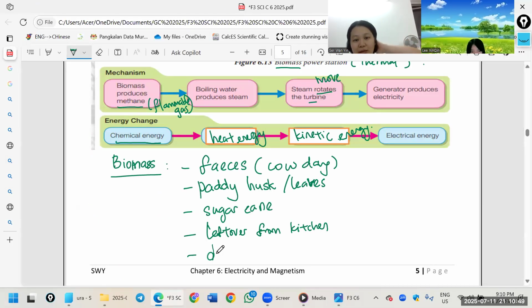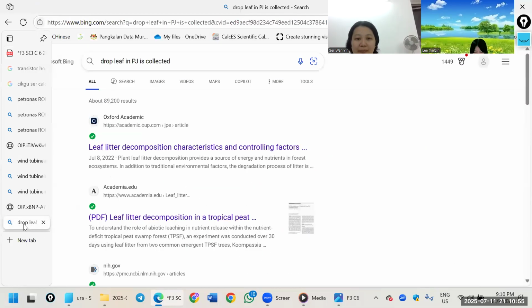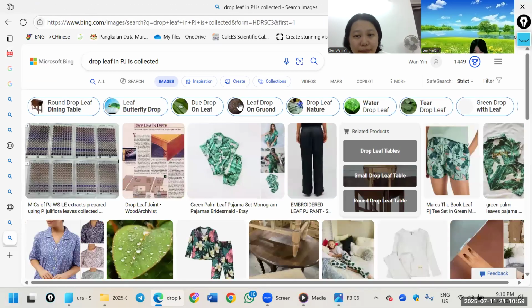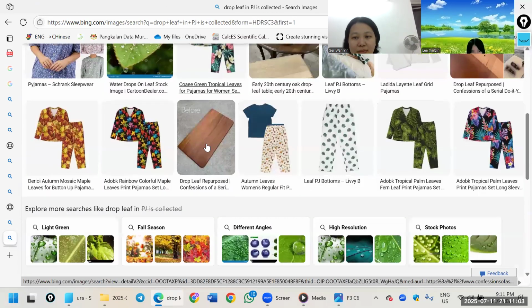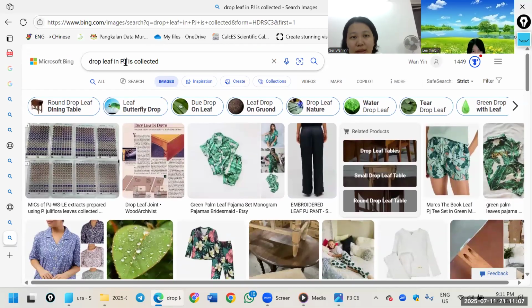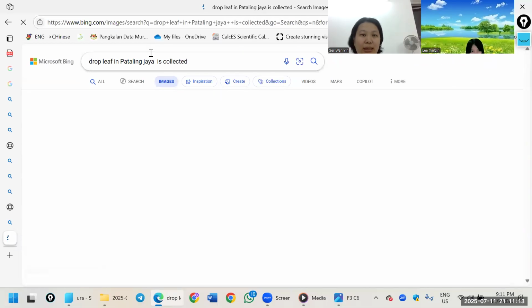The drop leaf also can use it as biomass.